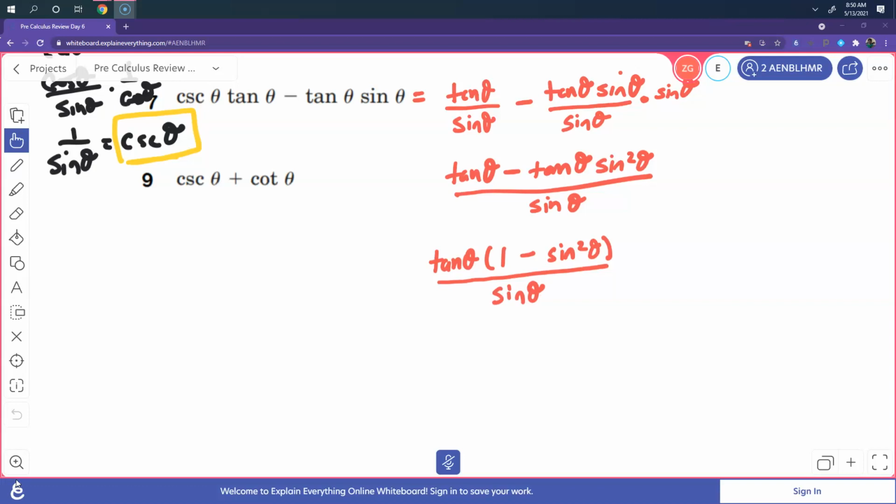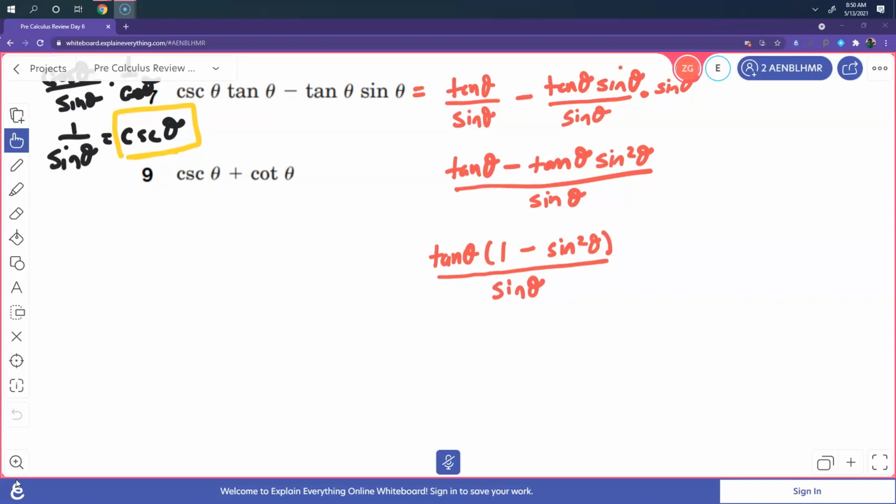Because you factored out tangent theta and you're left with 1 minus sine squared theta. Remember that cosine squared theta plus sine squared theta equals 1. So 1 minus sine squared theta equals cosine squared theta. So we have tangent theta times cosine squared theta over sine theta.